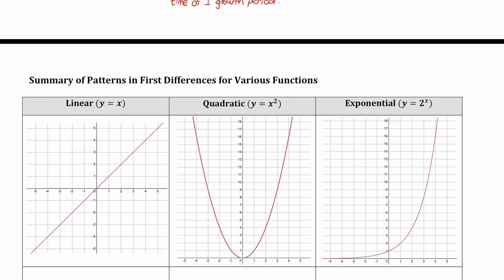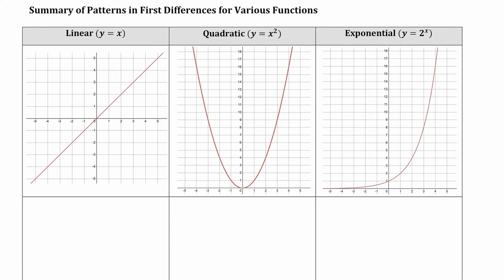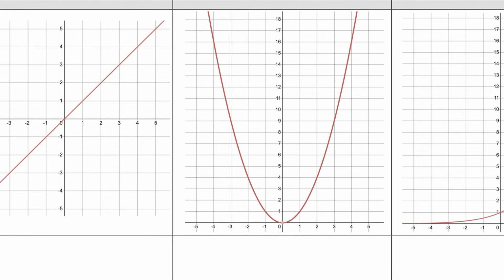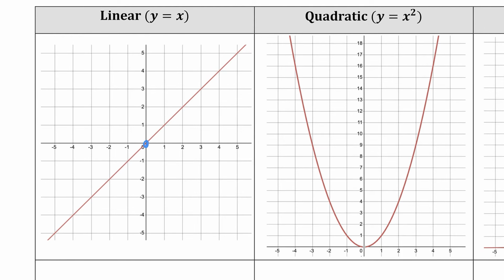Oh, and actually before I do that, I put a little table here to summarize the patterns of the first differences for various types of functions. We mainly want to focus on exponential functions, but we might as well review linear and quadratic as well. So for linear and quadratic functions, we'll start off with linear. Let me label a few points on here, and then let's look at what the finite differences would be between these points.